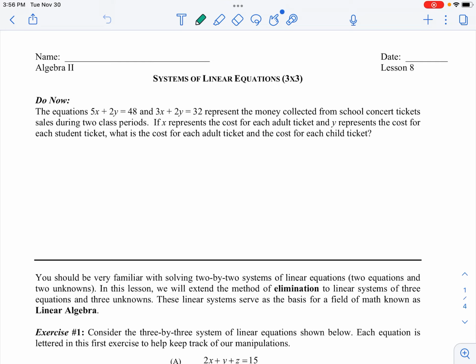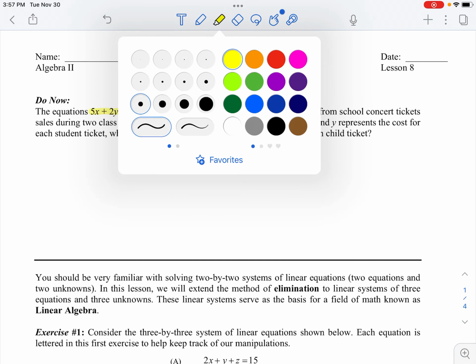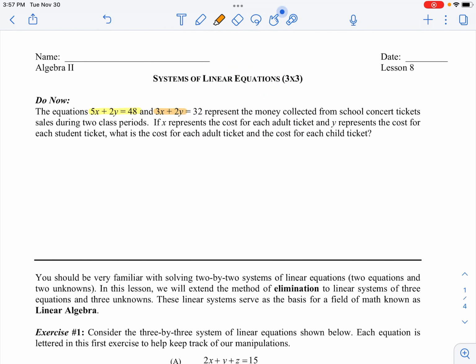Okay, for this question, we're given two different equations. The equations represent the amount of money collected from school concert tickets.